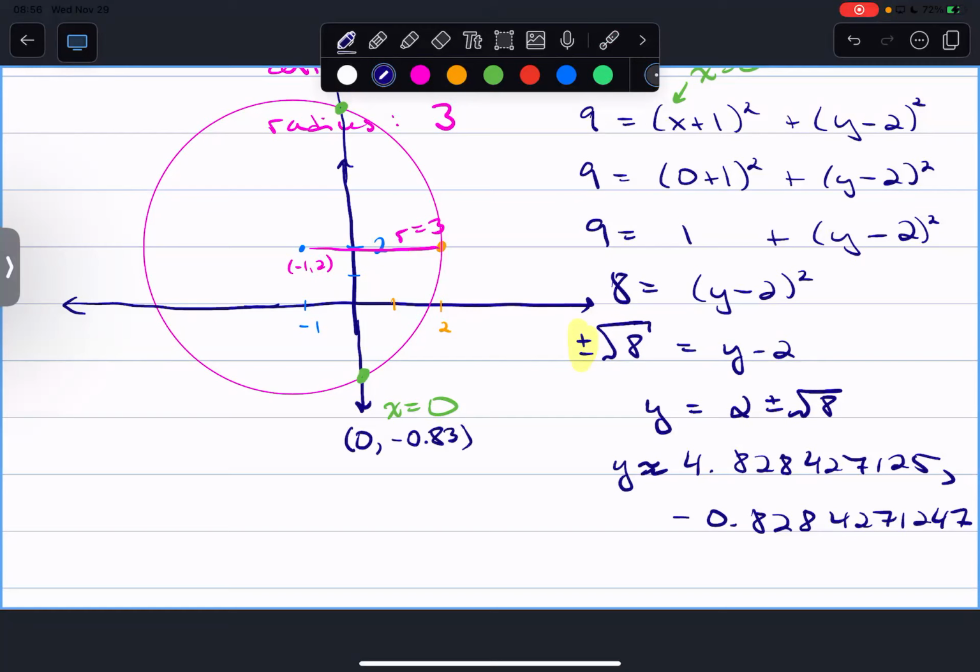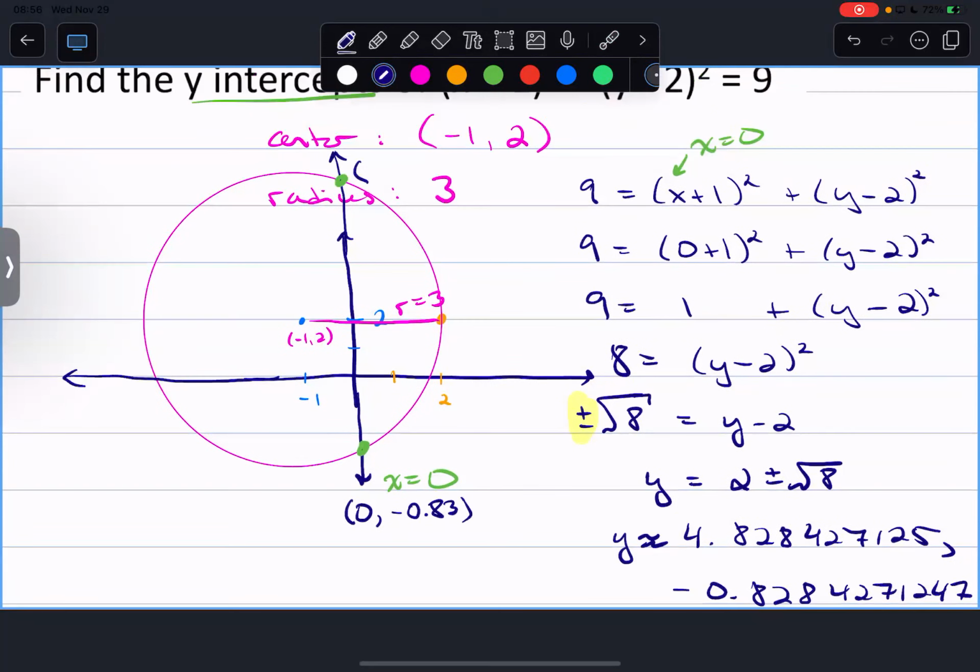Round to 2 decimal places. I know, I don't know what got into me. 0 and 4.83 for symmetry. Are our y-intercepts. Nice.